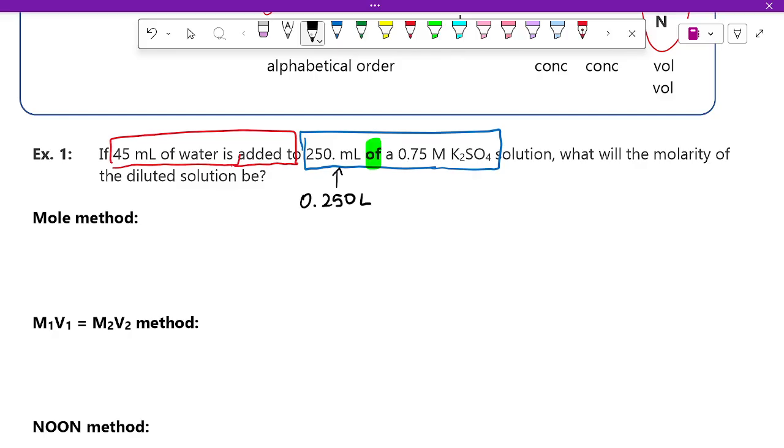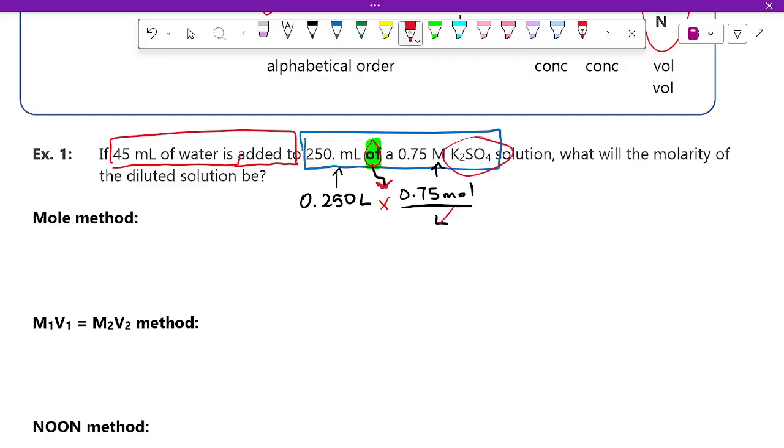And I would always rewrite my molarity as moles over liters, 0.75 moles over liters. And of means times. What am I solving for?